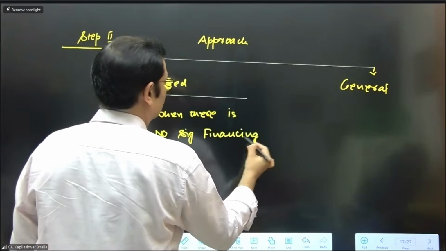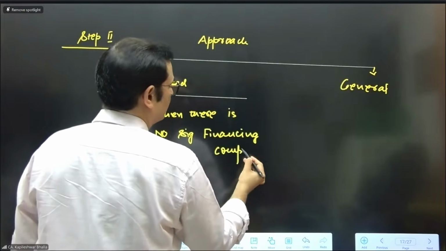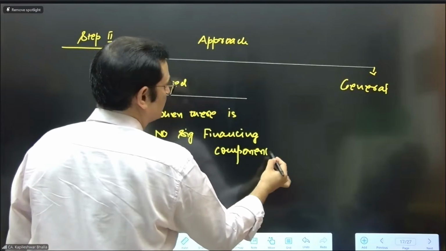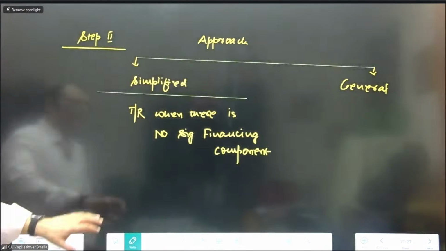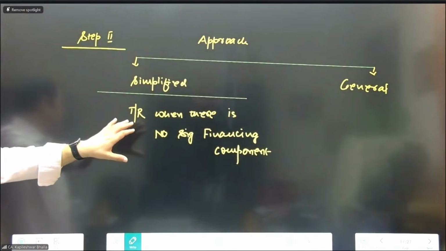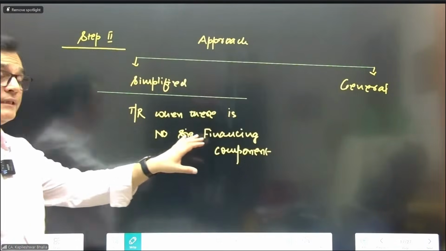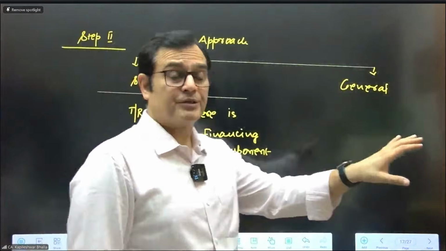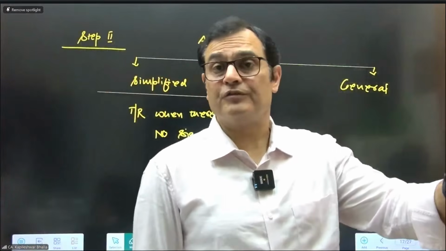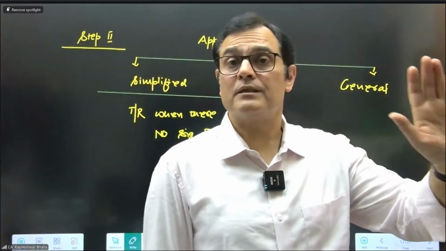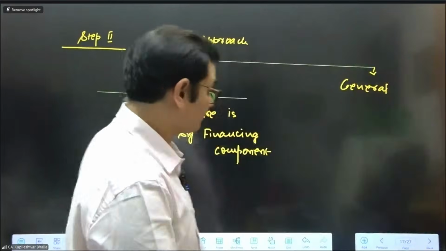That means by virtue of the revenue standard Ind AS 115, you identify that these debtors do not contain any significant financing component, then the simplified approach is applied.